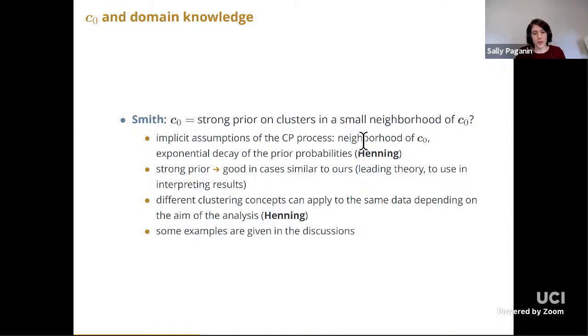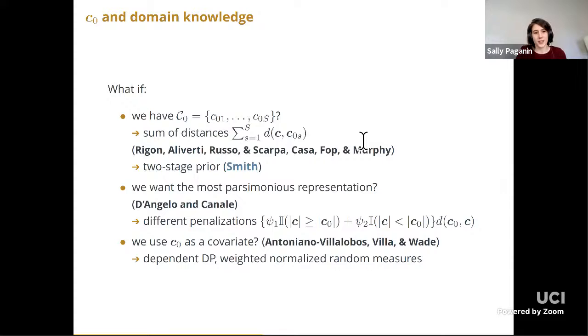However, of course, our formulation cannot address all the possible cases, but some of these cases can still be addressed in our framework, and examples were given in some of the contributor discussions as well. Different people were wondering what if, for example, we have more than one partition, as Adam mentions.